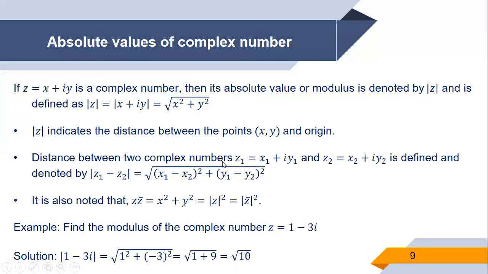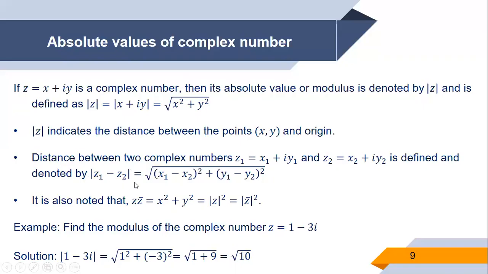The distance between two complex numbers, first z1 is x1 plus iy1 and z2 is equal to x2 plus iy2, is defined and denoted by mod of z1 minus z2. This complex number z1 is x1 plus iy1, also we write in the ordered pair x1 comma y1. Similarly z2 is x2 comma y2. So two points are given and we want to find the distance.